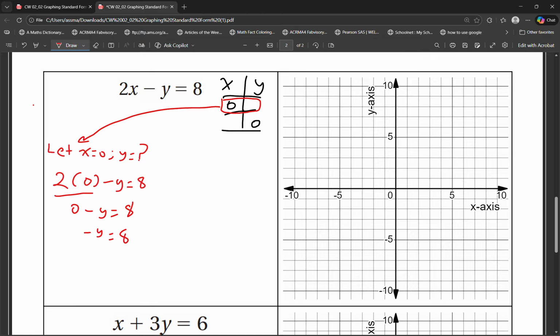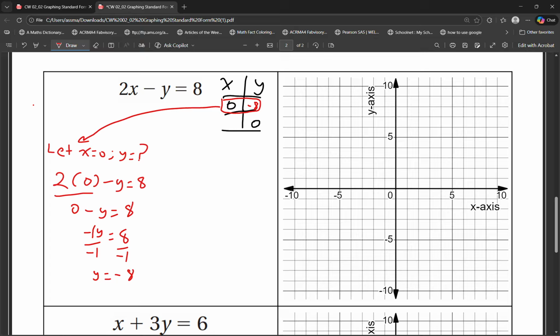And since we have a negative there, what we want to do is put this invisible 1. So there's a negative 1 in front of the y. So we're going to go ahead and divide by negative 1 on both sides. So then we get y is equal to negative 8. So we put a negative 8 right here. That just means that on the y-axis it hits at negative 8.